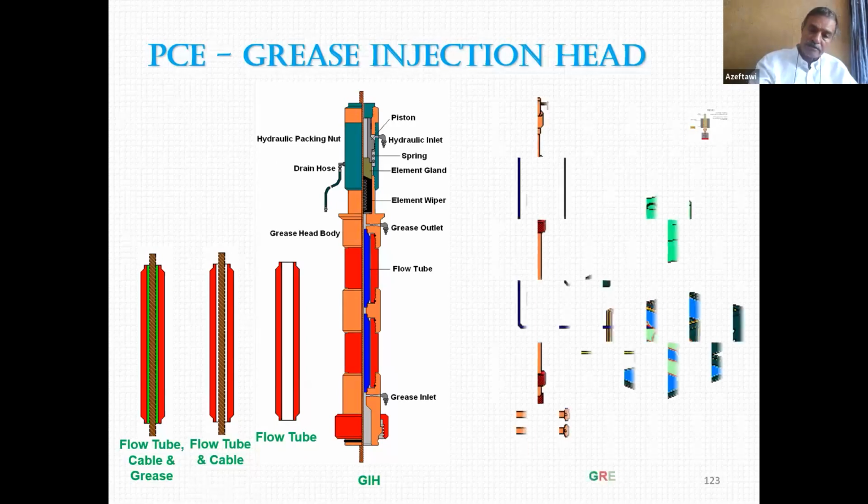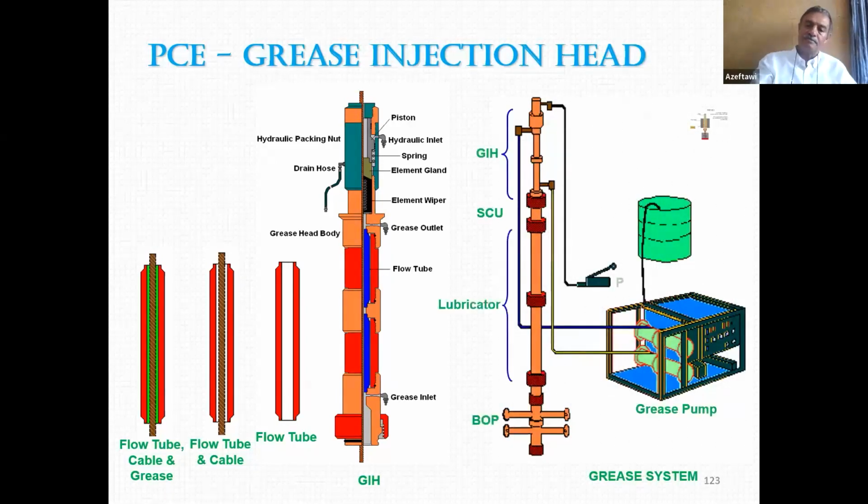How do we use that? With this system. We have a pump. This pump injects grease. Grease goes to the grease inlet at the bottom of the grease injection head, and it goes out from the top of the grease injection head back to the pump. So it is a closed, continuous cycle.